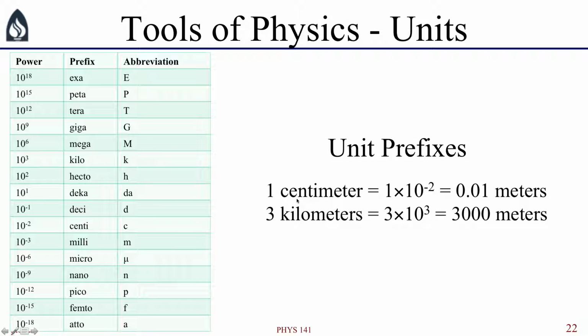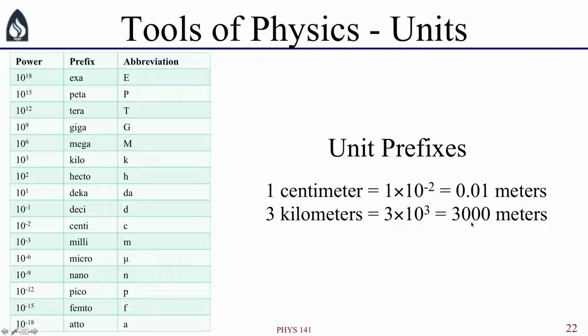So for example, a centimeter, if we look on the table, we see centi means 10 to the minus 2, so 1 centimeter would be 1 times 10 to the minus 2 meters, or 0.01 meters. On the other hand, 3 kilometers is 3 times 10 to the third meters, or 3,000 meters.